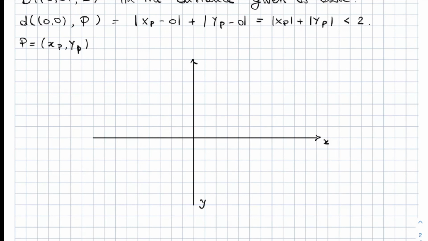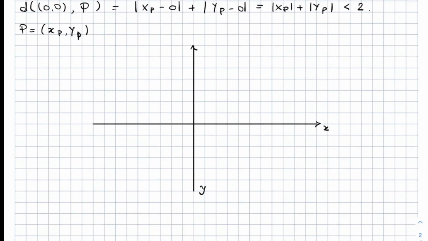If we are in this quadrant here, where the x's and the y's are positive, then xp plus yp must be smaller than 2.